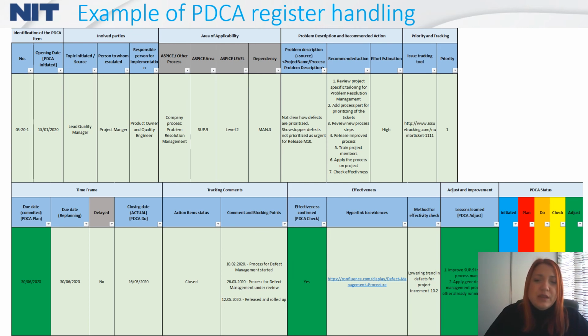The proposed steps by quality were that the process needs to be reviewed to see if the tailoring of the company process is problematic or if the process itself is missing such steps. Then, if the project-specific tailoring is the problem, the steps related to the prioritization and the person who is dealing with it should be added.